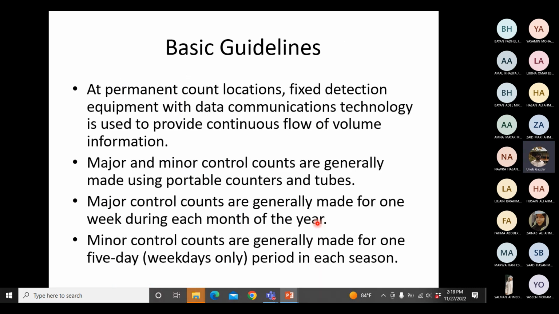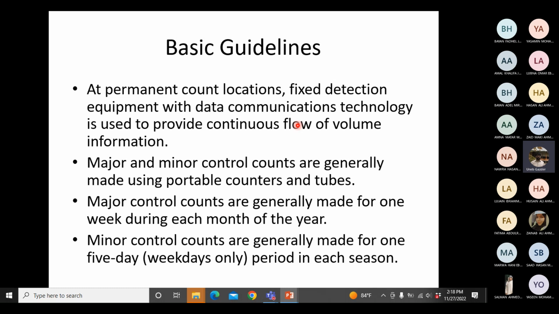Okay, continuing with the guideline. So I told you earlier there are 3 types of control counts, right? Permanent, major, and minor. On permanent locations, we use fixed detectors, which will collect data for the entire year. And I mentioned earlier in lecture 4 as well, that when you collect data for the entire year, it is not possible to take the detector to the office to download the data.